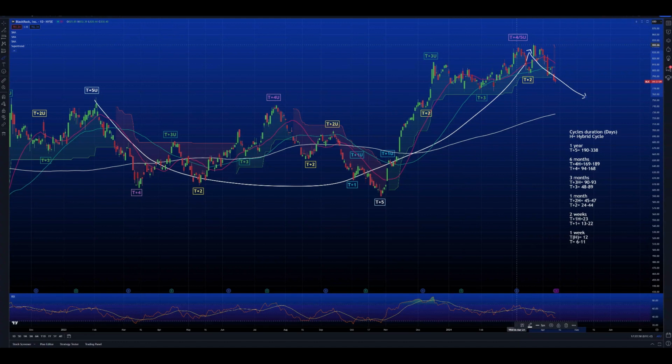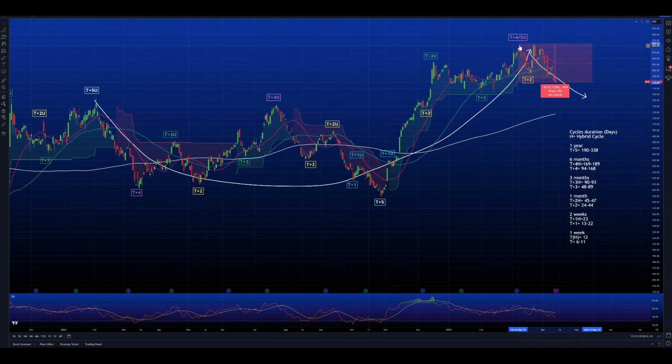So we cannot go back to the stop before a minimum duration of 2 degrees less of the cycle we are focused on. So T plus 5 minus 2 degree is T plus 3. And the minimum duration of a T plus 3 is exactly 48 days, as for the legend here. Therefore, we cannot go back to the top before the 15th of May 2024.